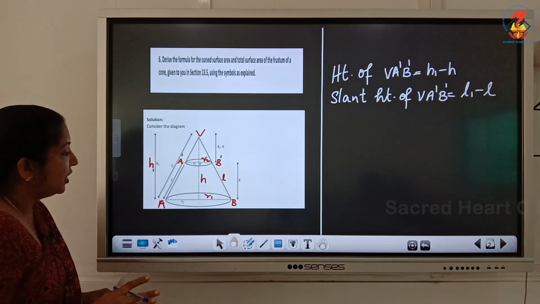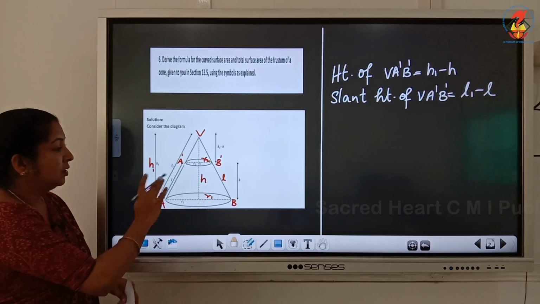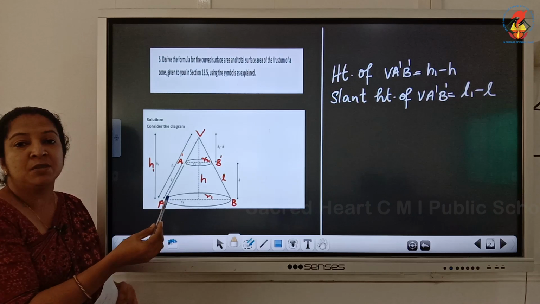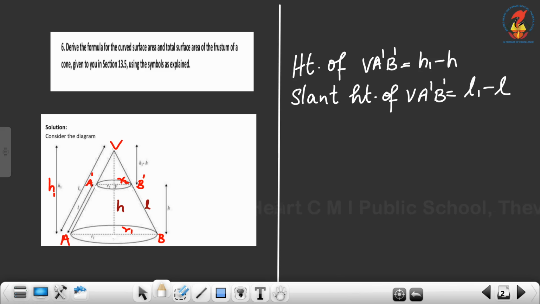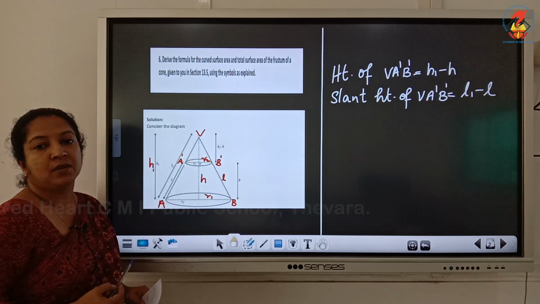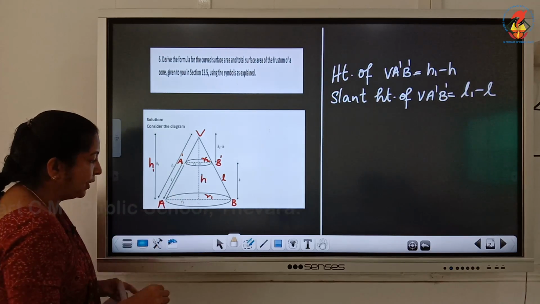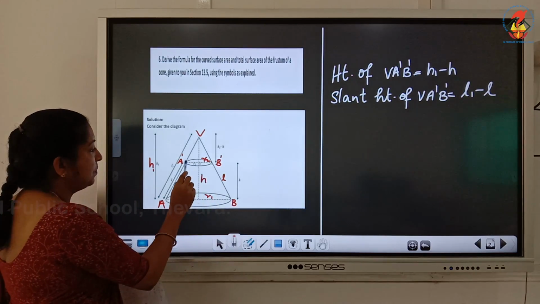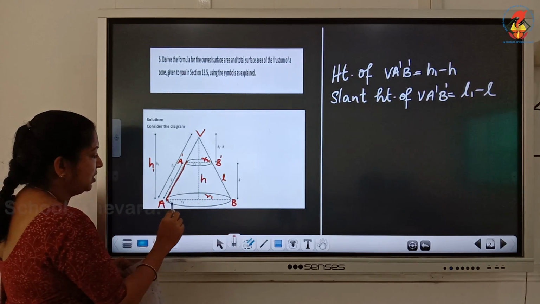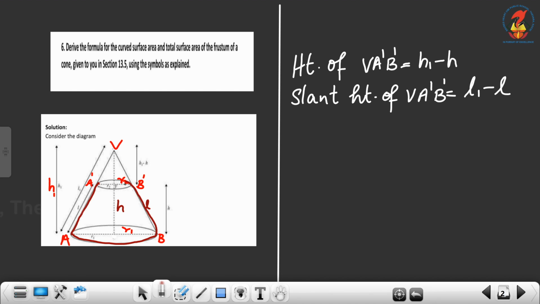For this we have to consider a cone. So how is the frustum forming? A plane parallel to the base is passing through this cone. This part is actually known as the frustum, right? So this is the frustum.